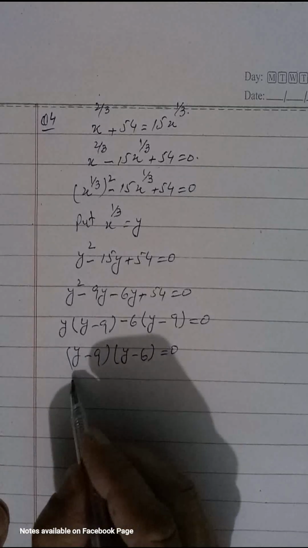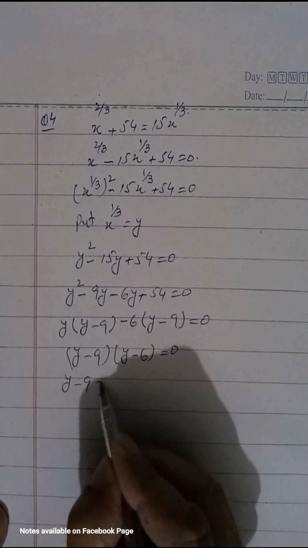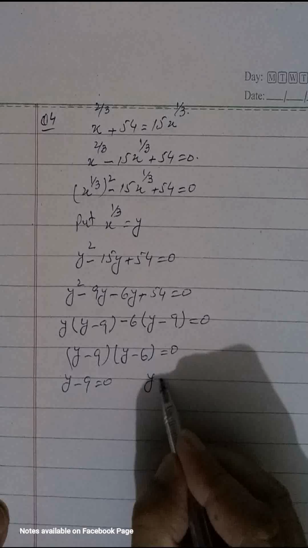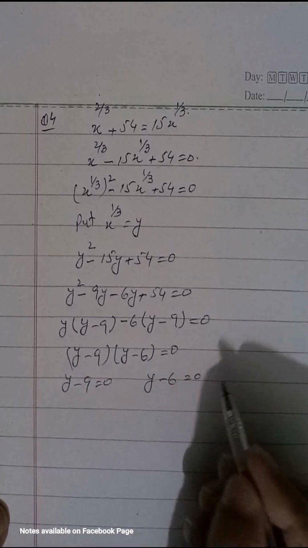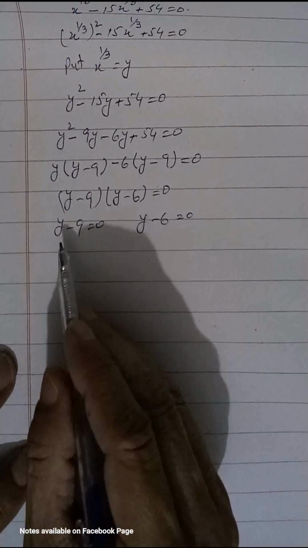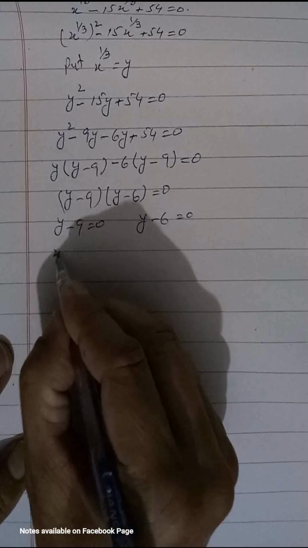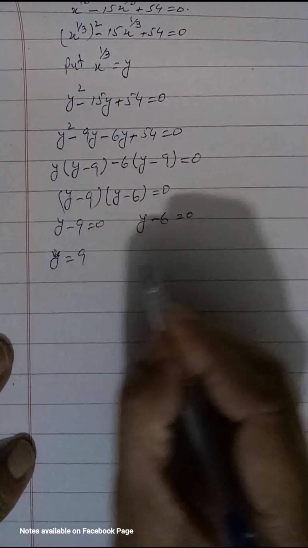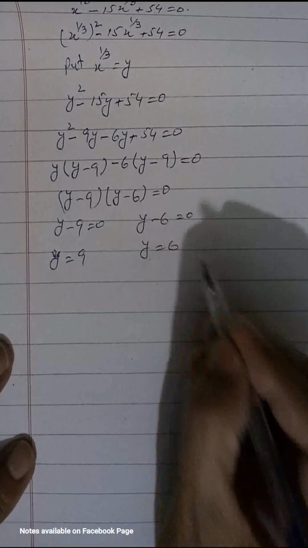Now y minus 9 is equal to 0 and y minus 6 is equal to 0, and we know that y is equal to x power 1 over 3. y is equal to 9 and y is equal to 6.